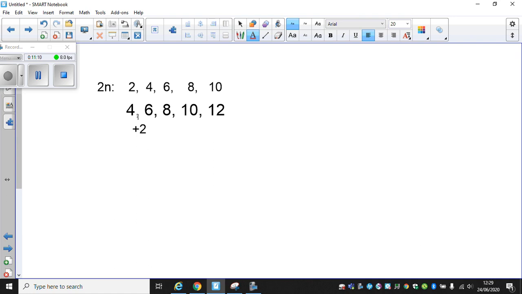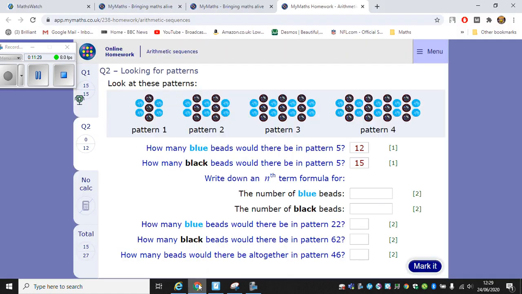How do I get from the 2n sequence to the sequence that we have? We need to add on an extra 2 each time. Add 2, add 2, add 2, add 2. So the rule for the blue beads is going to be 2n plus 2. So I'm going to bring that up and write in 2n plus 2.